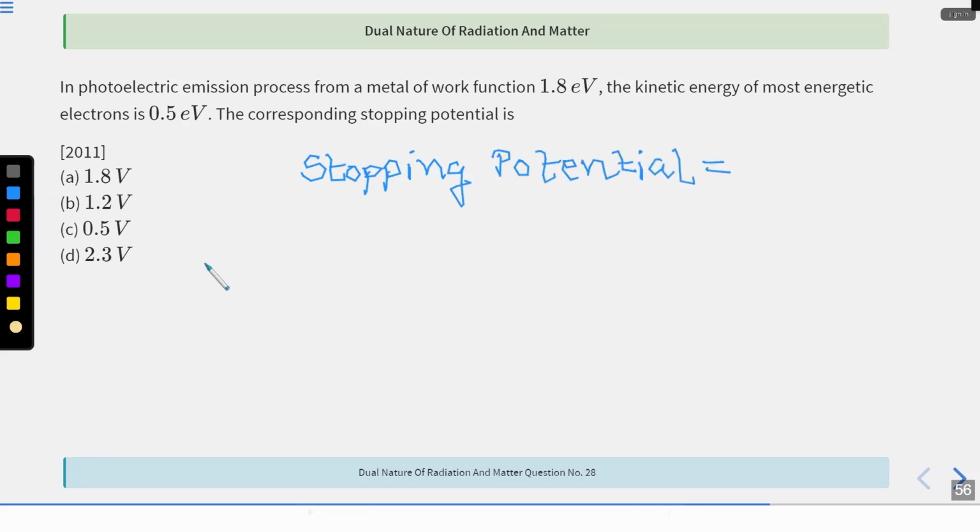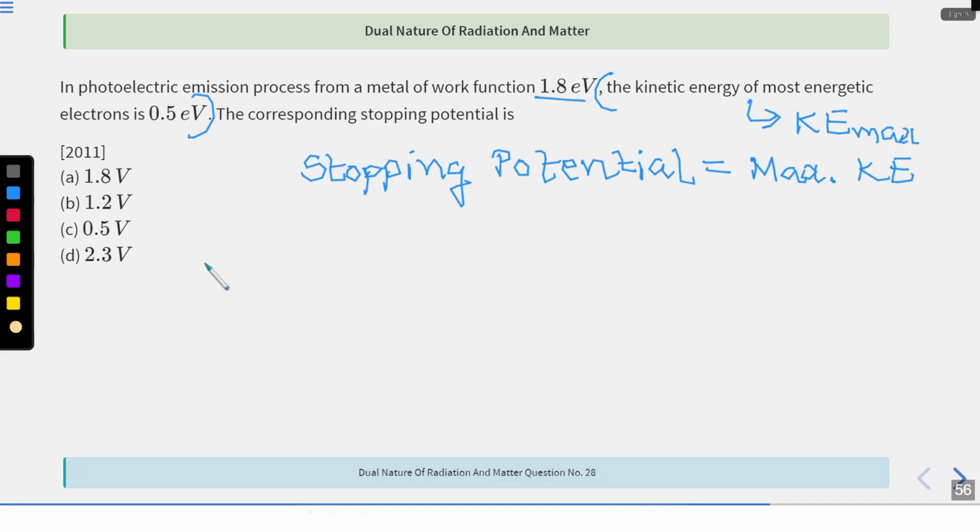And we have been given that the kinetic energy of the most energetic electrons is 0.5. So that means this is the Ke max.